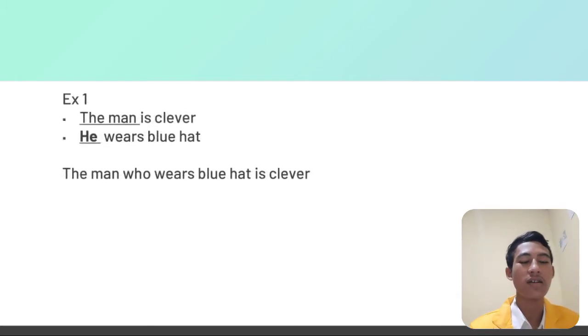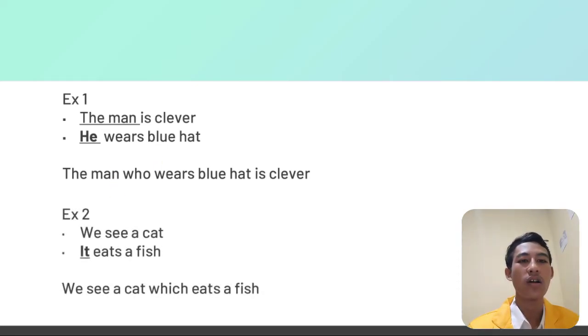Example 1 applies the conjunction who, and example 2 applies the conjunction which. Why different? Because in example 1, the noun is a person, that is the man, and in example 2, the noun is an animal or non-person, that is the cat.